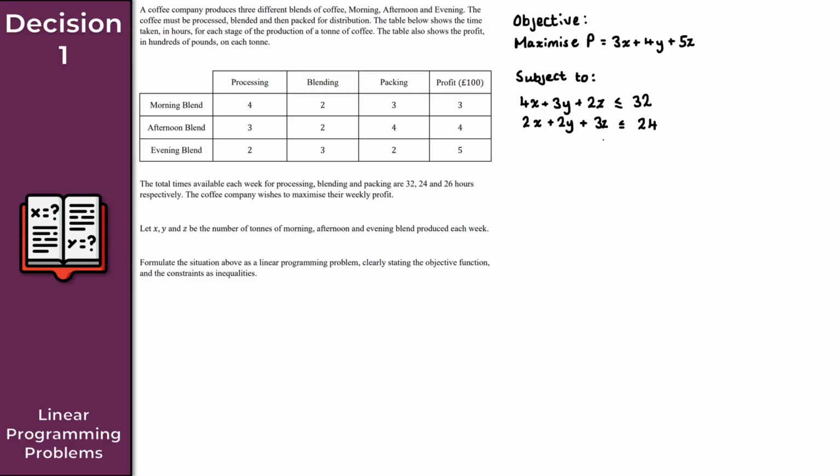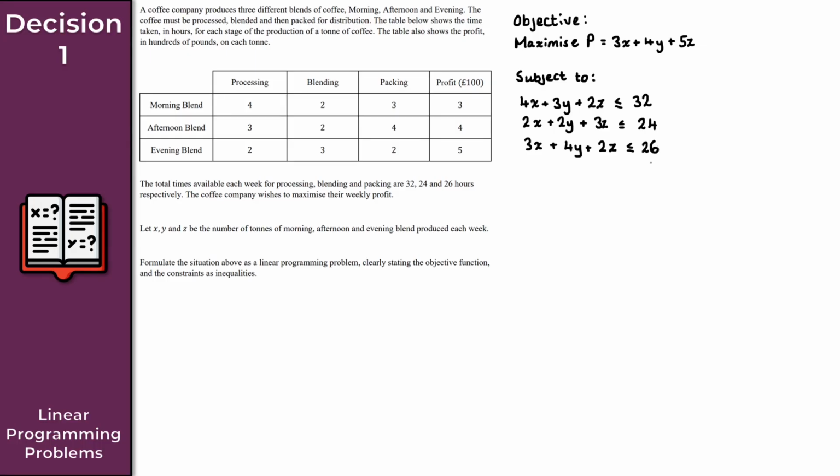And now for the final inequality, going down the packing column, I get 3x plus 4y plus 2z, which is again less than or equal to the time constraint here, which is 26 hours.